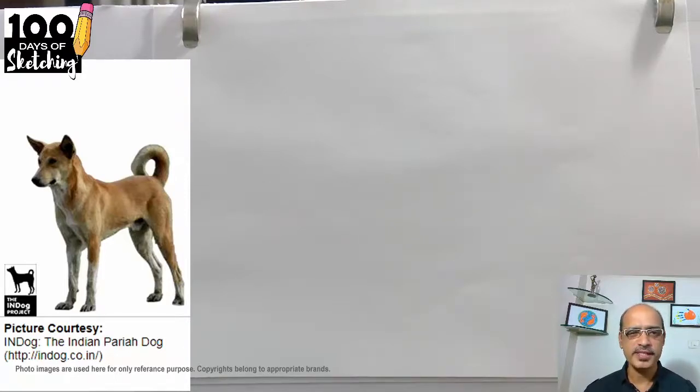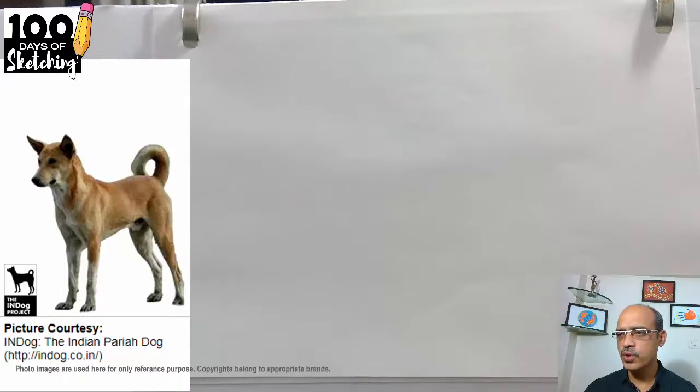Before starting the sketch, whenever you choose a specific reference, there are a few things you should always keep in mind. First, the silhouette of that character or the object has to be very clear. Here the dog has a very clear pose.